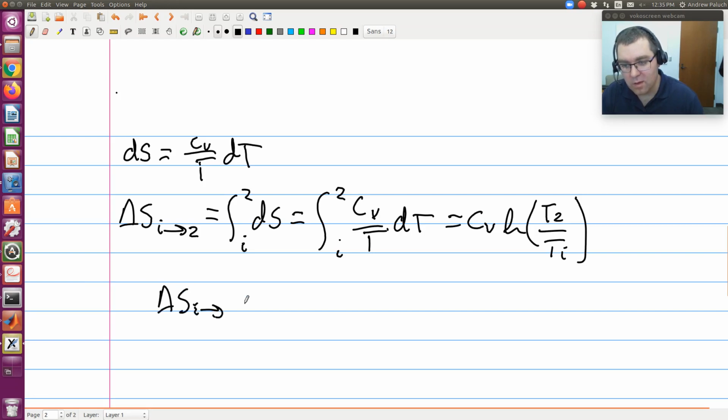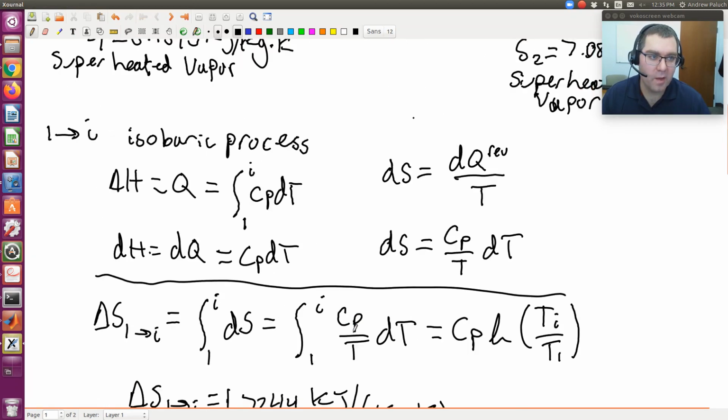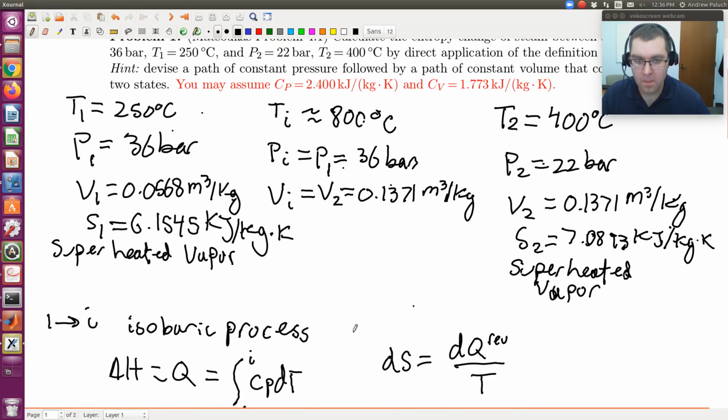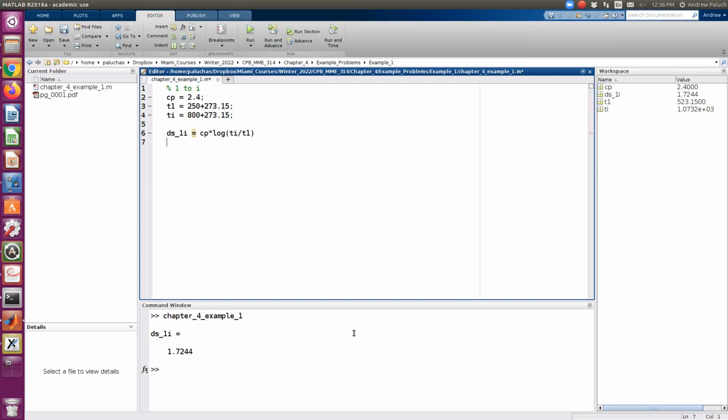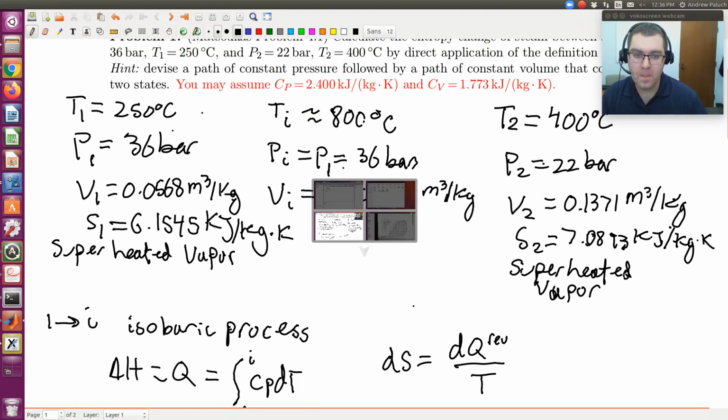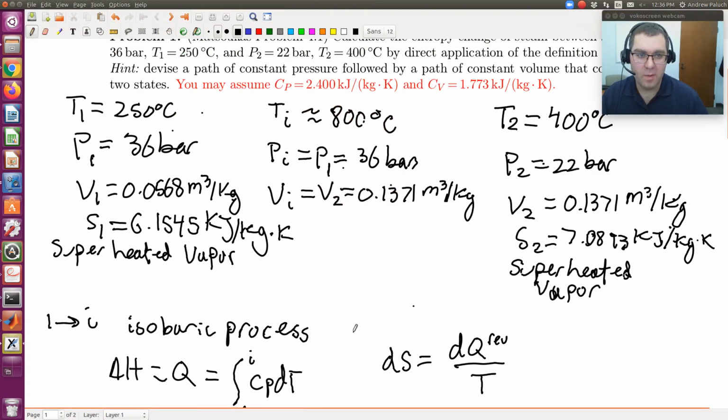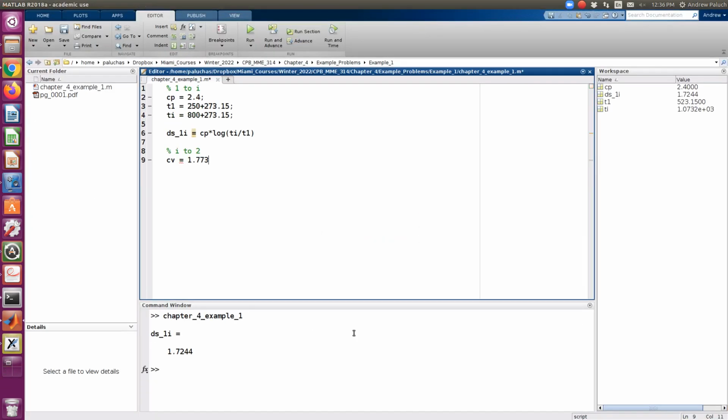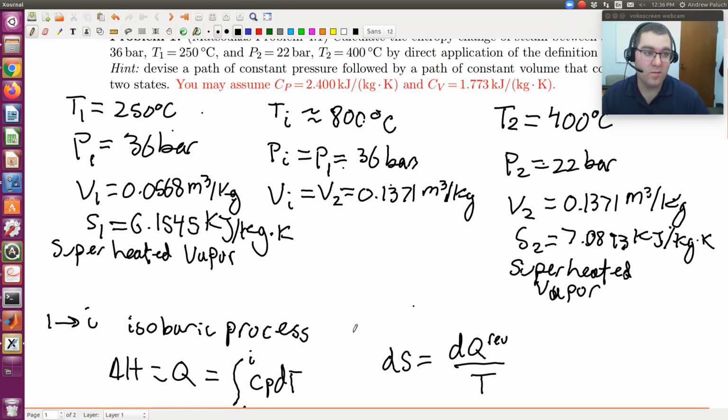To calculate the change in entropy, let me go back up to MATLAB. So now we'll have state I to 2, Cv, again in kilojoules per kilogram Kelvin, 1.773. Note that Cv is less than Cp. For an ideal gas, Cp is Cv plus R. We need our temperatures.